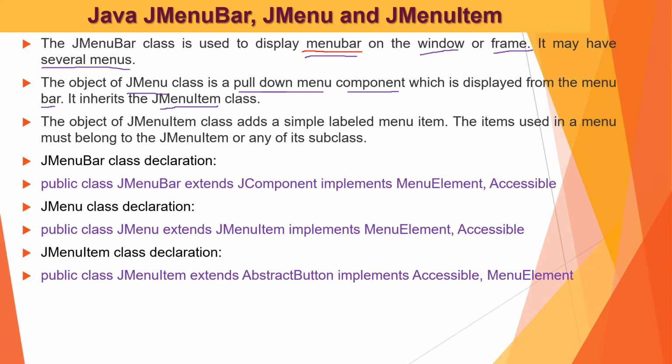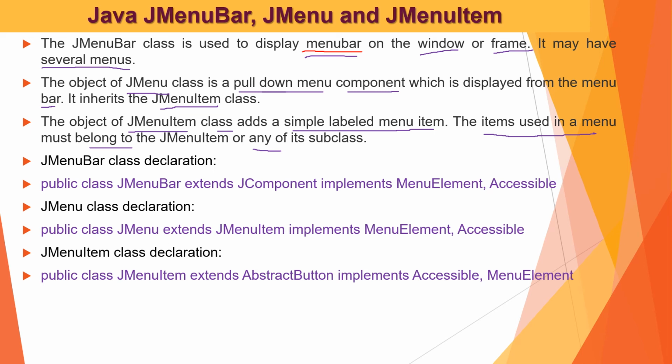Now the object of JMenuItem class adds the simple labeled menu items, so all the different options in the menu will be displayed with this object. The items used in a menu must belong to the menu item or any of its subclasses.